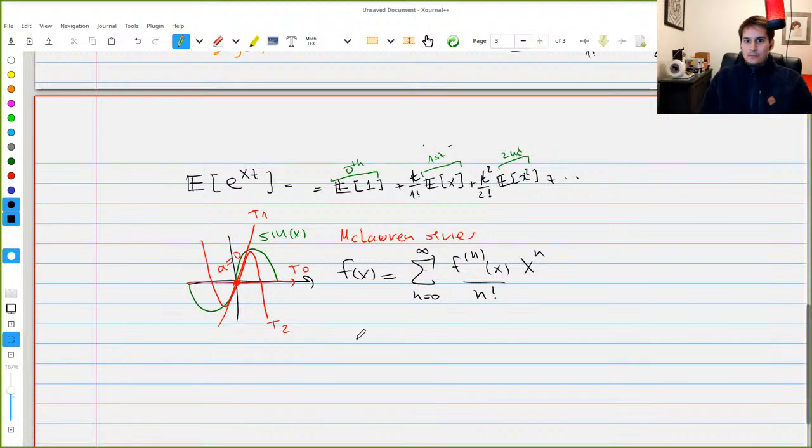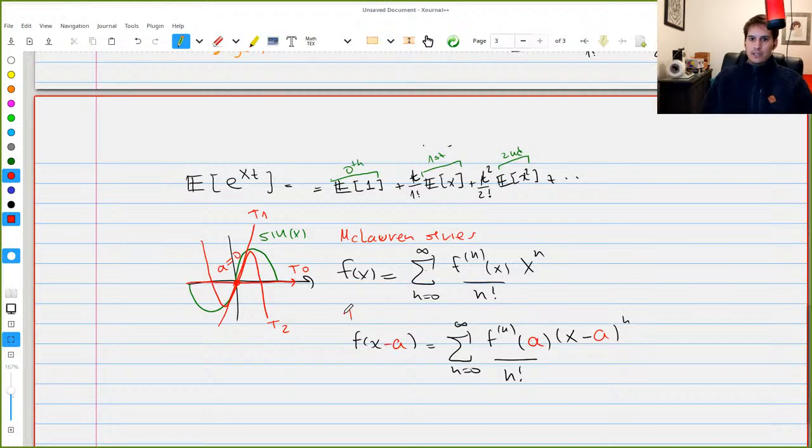But in general, this is called the Taylor series. You have the same here, and basically you are subtracting a because you're centering your approximation at a. And the only thing that changes is this, and this is called the Taylor series.